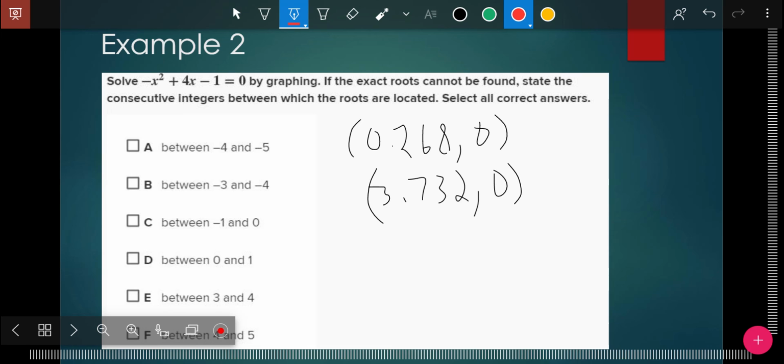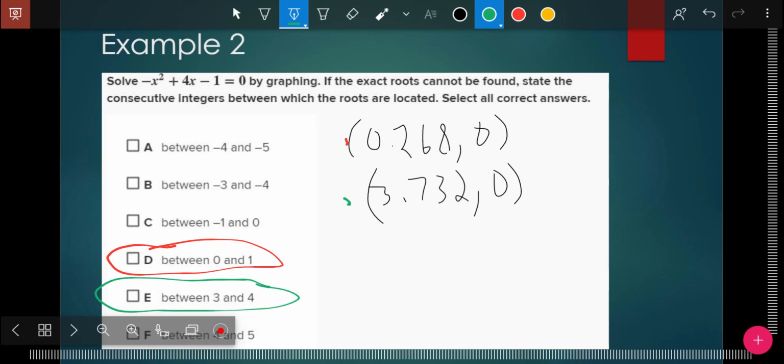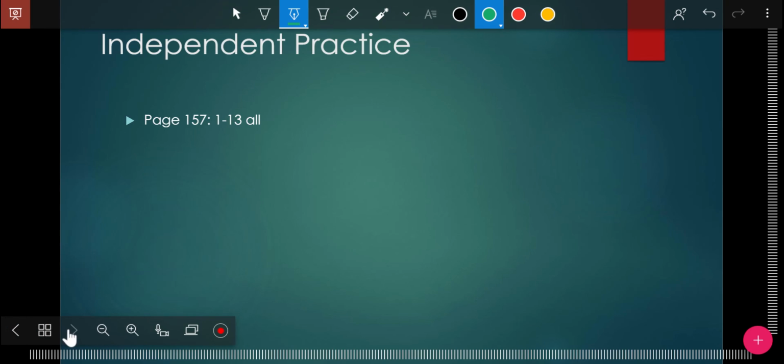You're saying, hey, I know that this point right here is between 0 and 1, and then this point right here is between 3 and 4. So when they're not exact right now, they're just trying to show that you understand where the answer is. That's how we're doing it today. You get to practice. Good luck.